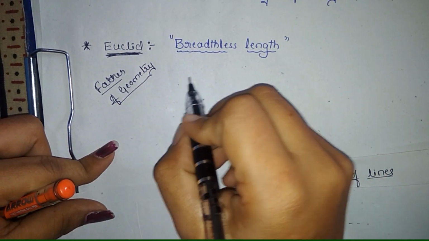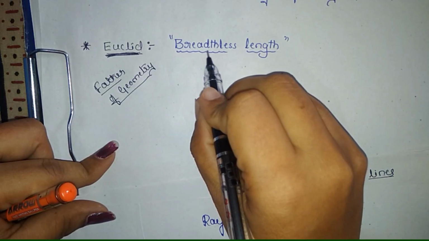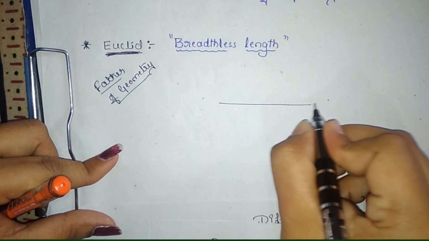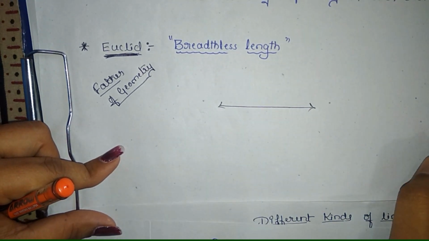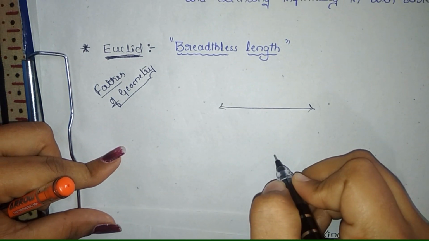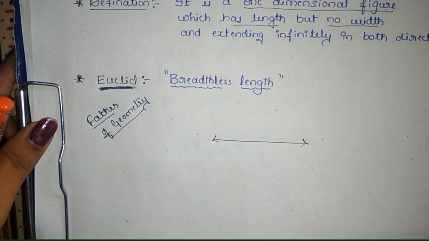Euclid has also given the definition of line as breadthless length. It is a length which has no breadth at all. It is a simple definition which matches this line. Okay, now you know what a line is.